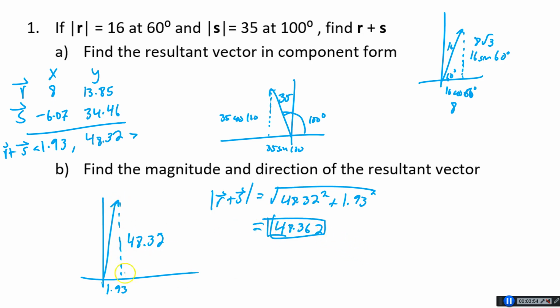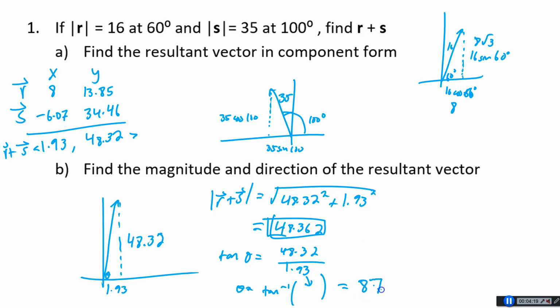And then if I want this little theta right here, tan of theta is going to be 48.32 divided by 1.93. So if I want theta, it's going to be tangent inverse of this guy right here. Type that in your calculator, and you get an angle of 87.72 degrees.